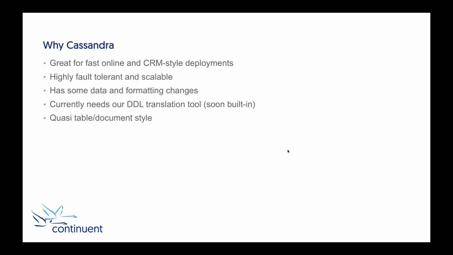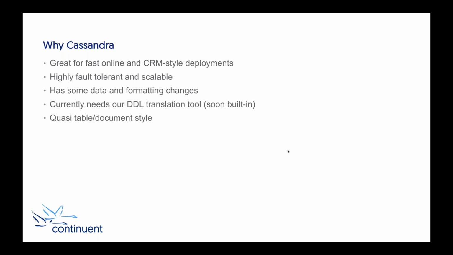So the first thing to deal with is, why would you use Cassandra? Well, Cassandra has been around for a long time. It was one of the new wave of NoSQL style databases that came out quite a few years ago now. Cassandra was built around being very fault tolerant and very scalable, and those two things work hand in hand.